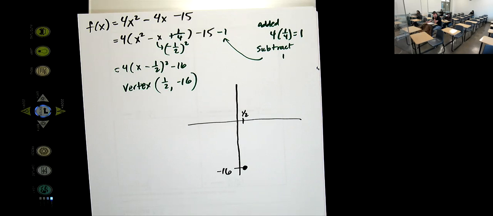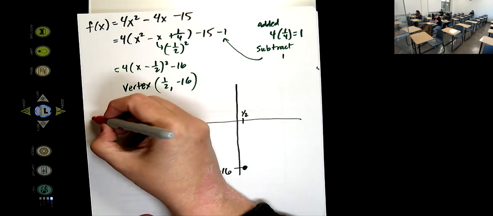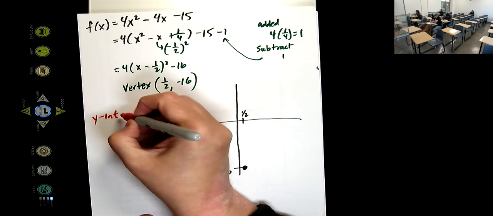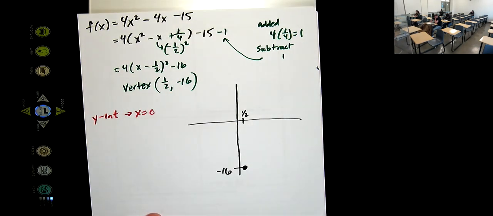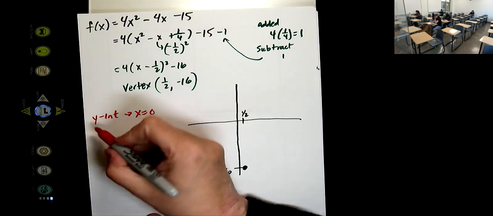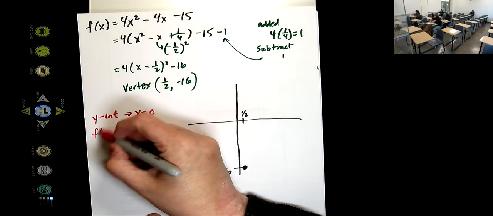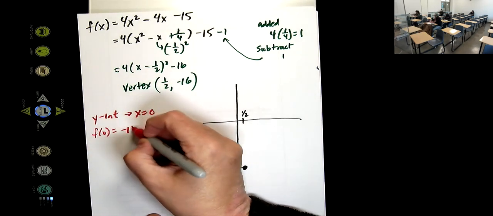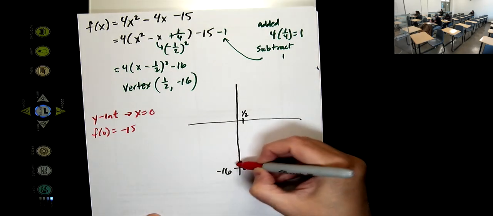For example, we can find intercepts. The y-intercept is when x equals 0, just like for a line. So f of 0 just gives me -15. That's not too bad.